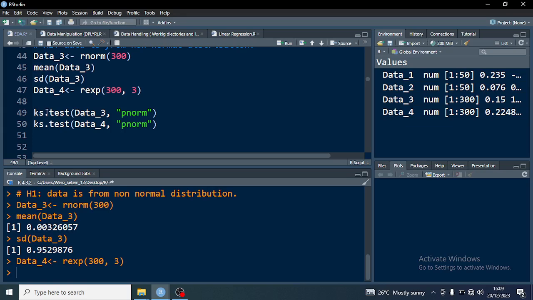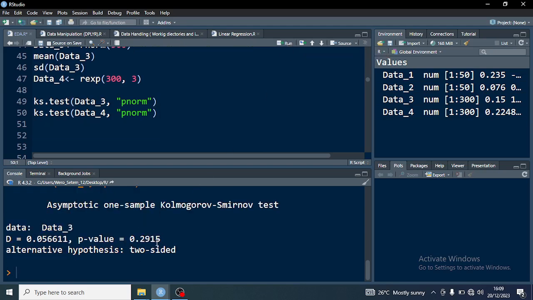I'm using ks.test. So this is for the Kolmogorov-Smirnov test. We use ks.test, then the data, name of the data frame, then you say pnorm. Let's run that. Now our p-value here is 0.2915.